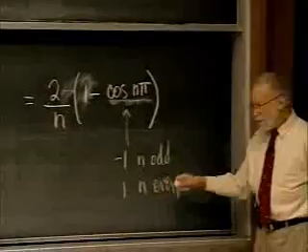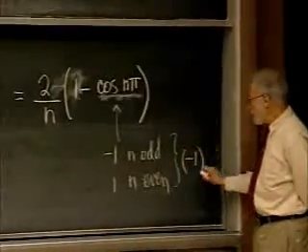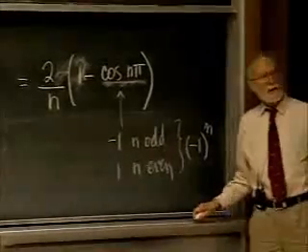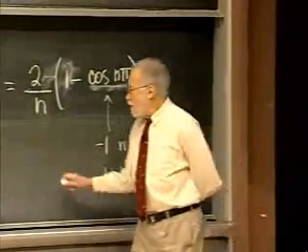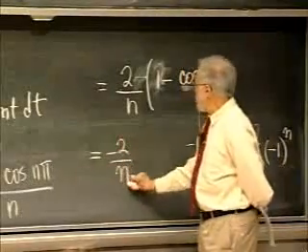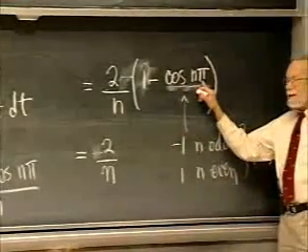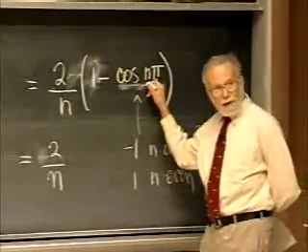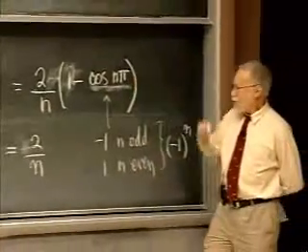Now, either you can work with it this way, or you can combine the two of them into a single expression. It's minus 1 to the nth power. That takes care of both of them. But the way the answer is normally expressed, it would be 2 over n times, if n is even, I get 0. If n is odd, I get 2.